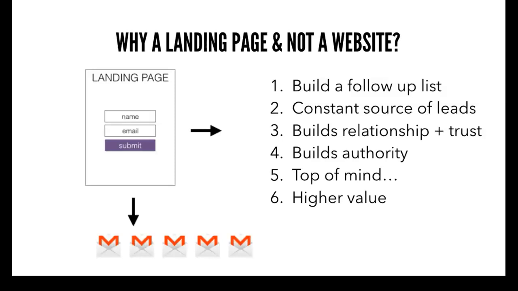Number one, a landing page allows you to start building a follow-up list, right? An email list, as we might call it. Because ultimately we want to be able to continually follow up with these people. A lot of people don't buy on the first go. Imagine you've probably been in opportunities where you didn't want to buy the very first time. And what do you do if you don't have that person's contact information?